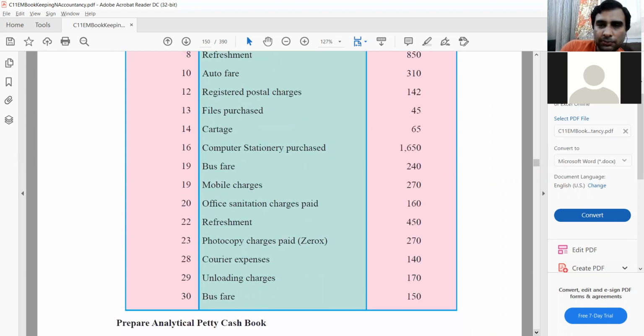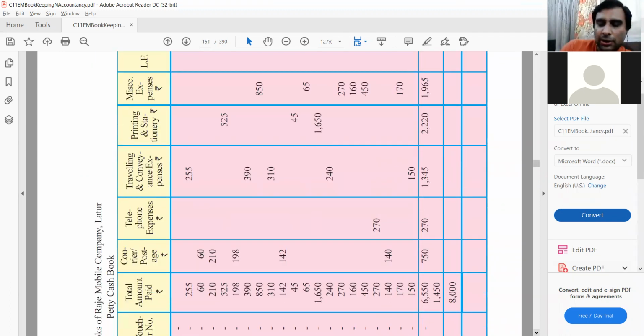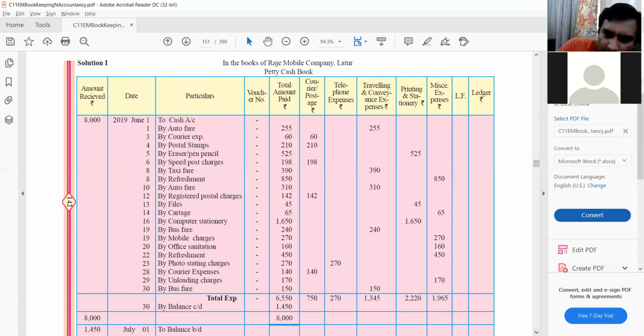So actually what they've given here in the solved example is a little bit of a printing error. This 270 is 19th, mobile charges. This 270 should be up here, and this miscellaneous expense will go down here as photocopying charges. I would have made a column for printing and stationery.